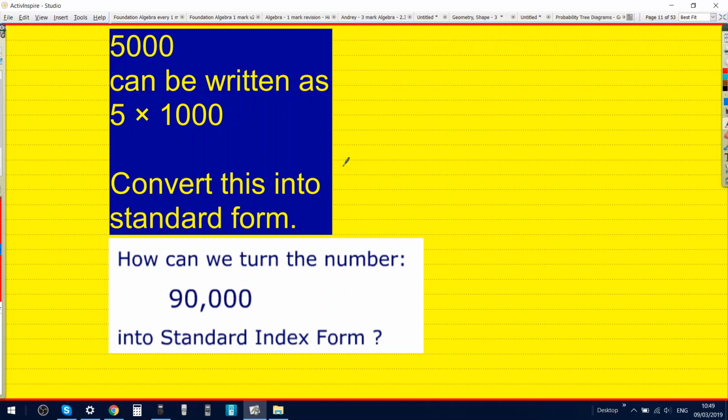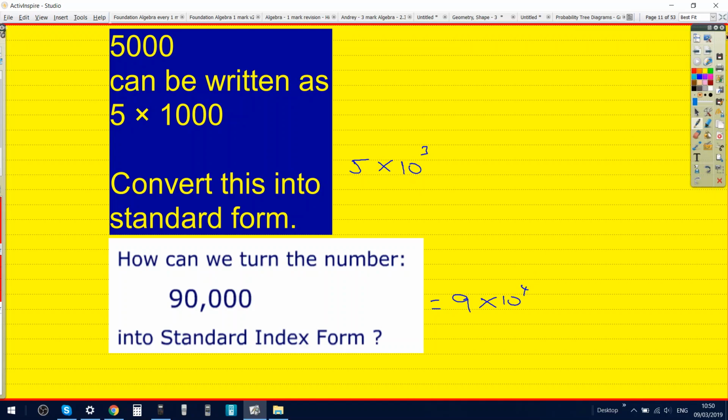Could it just be 5? Yeah, 0.5 would be too small. So it'd be 5 times 10 to the power of 4. No, 3, sorry. Yeah, this one. So would that be 9 times 10 to the power of 4? Yep.